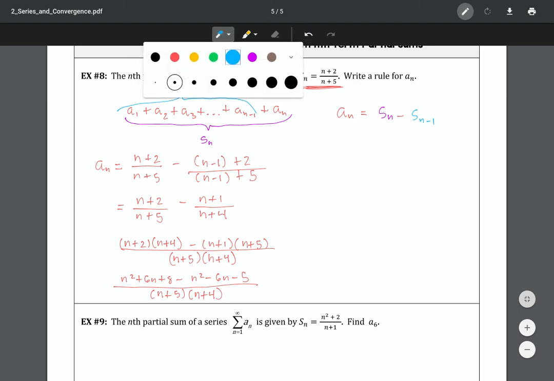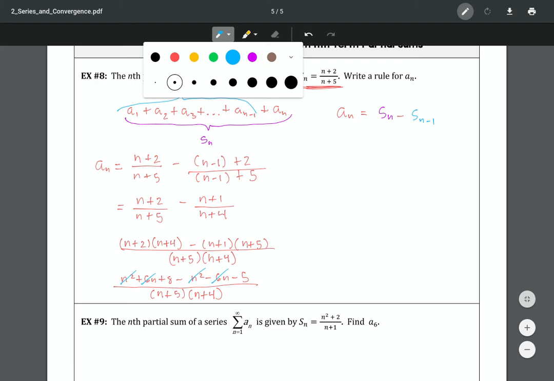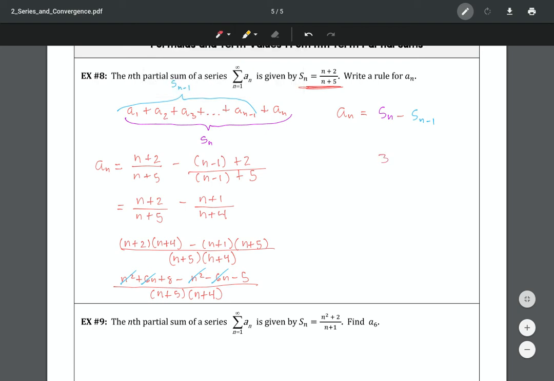There's a few things we're going to cancel. And then when I end up with a minus 5, which is 3 over n plus 5, n plus 4. Okay. So this is equal to a of n.